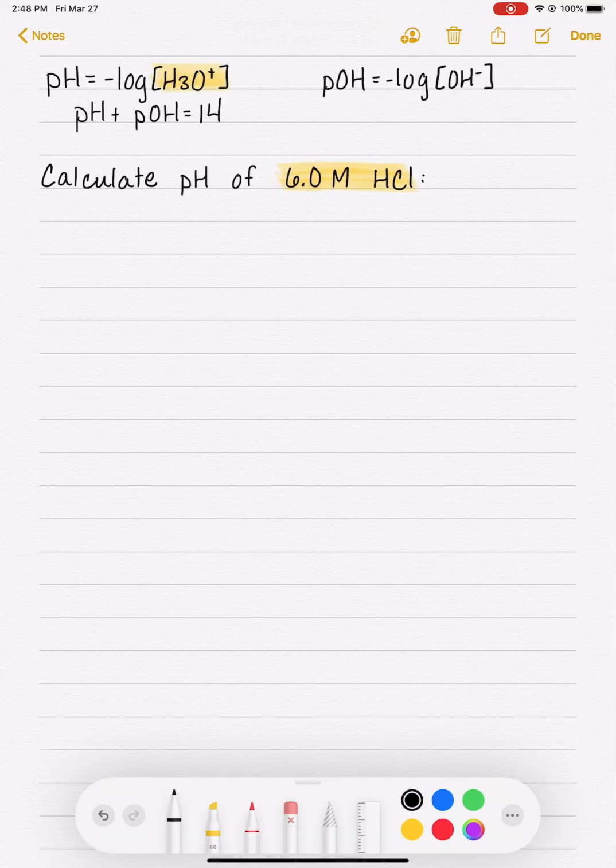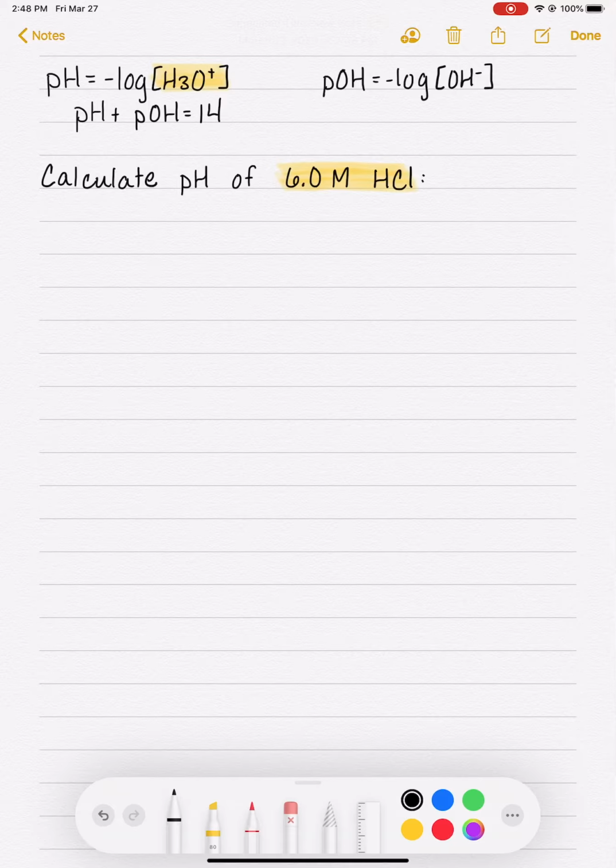The next thing we're going to do on our ICE table is the C row. Remember, C stands for change: how much is being reacted and how much is being produced. HCl is one of our strong acids, and that means it has a complete, total reaction. So all of the HCl that we start with is going to react. That's what it means to be a strong acid.